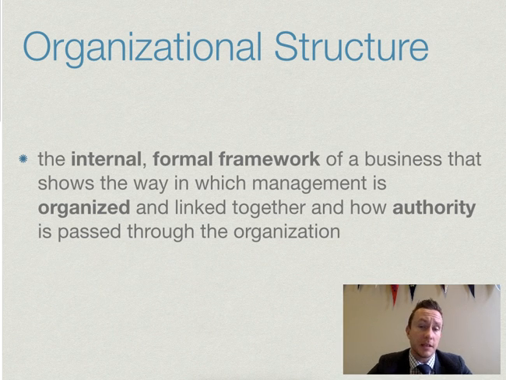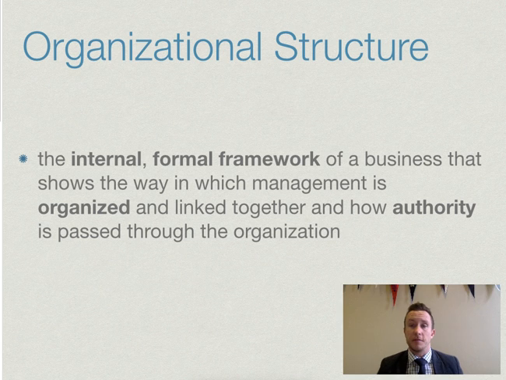It's internal, meaning it's not really shown to the outside. It is a formal framework, which means it officially sets up who is speaking to whom and who's responsible for what. It's also very organized and it delineates who is speaking to whom, and it's linked to show authority, who's in charge of who else. So that's what an organizational structure is.